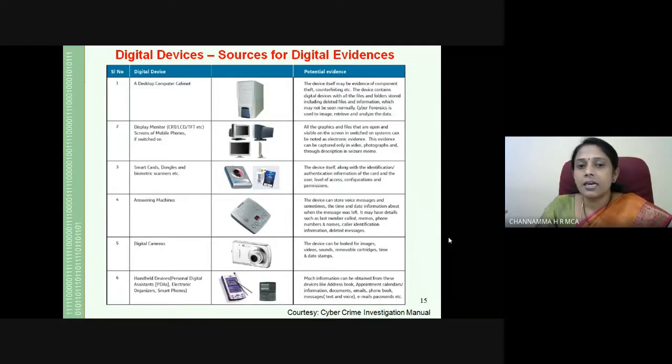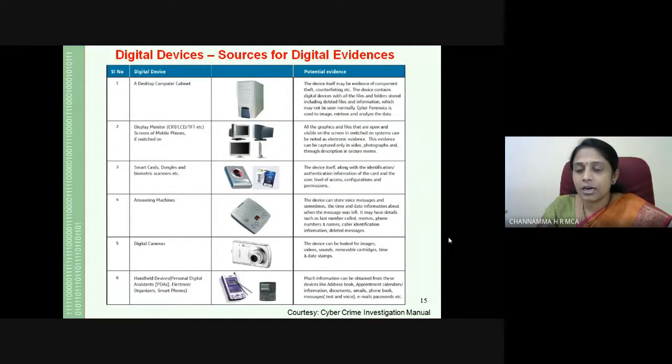And then answering machines and digital cameras. If digital cameras are there, then we have to protect them in the same status as when they were seized. And handheld devices, like personal digital assistants, electronic organizers or smartphones, must be protected in their status.